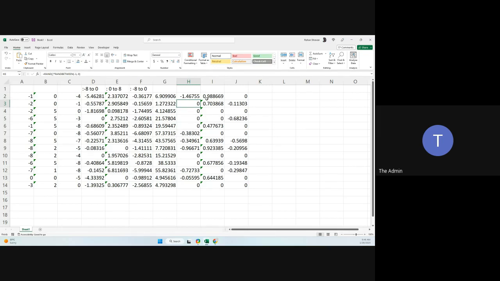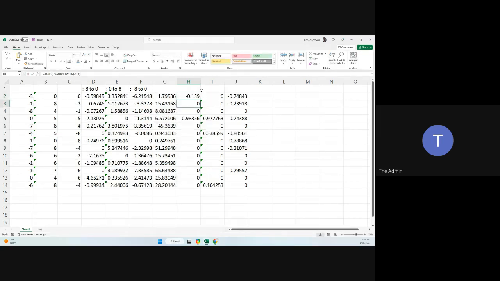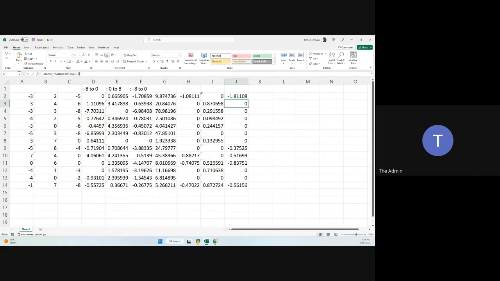We don't want a lot of zeros. Okay, better would be to do -0 to -1, so we get some negative value. Here also we do -2 to -1. And here we do a value between 1 and 2.